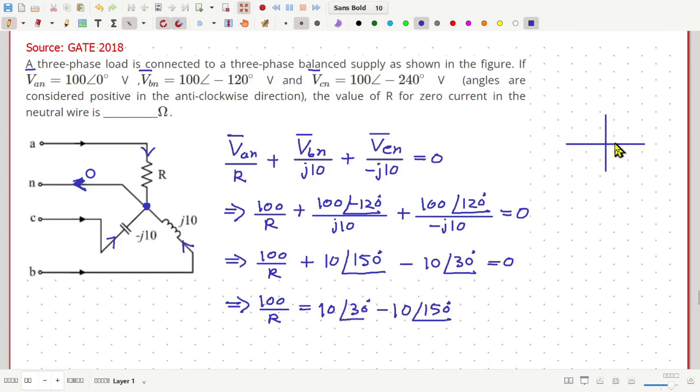Then we have 10 angle 30 degree, which is here, and 10 angle 150 degree will be here, but we have a minus sign, so we have to consider the negative phasor, which will be here.